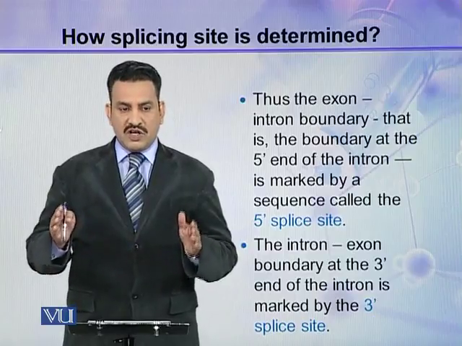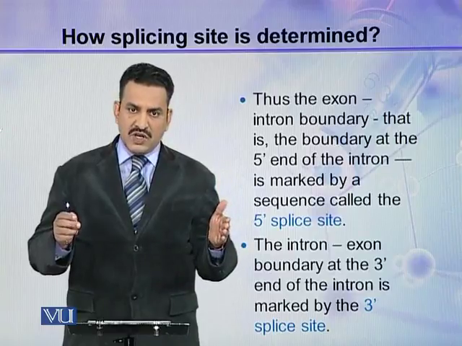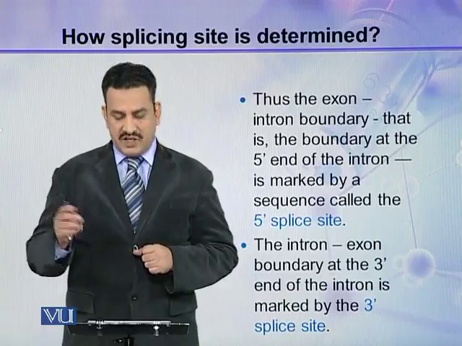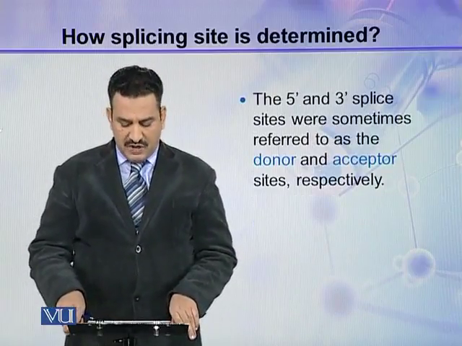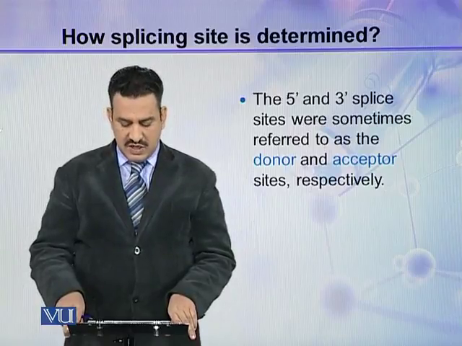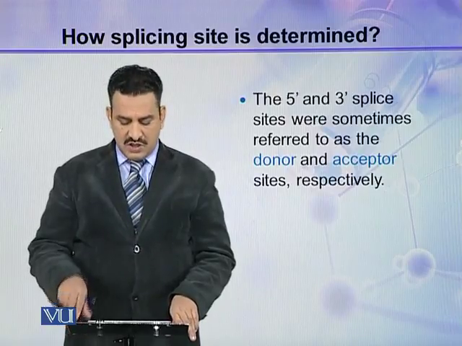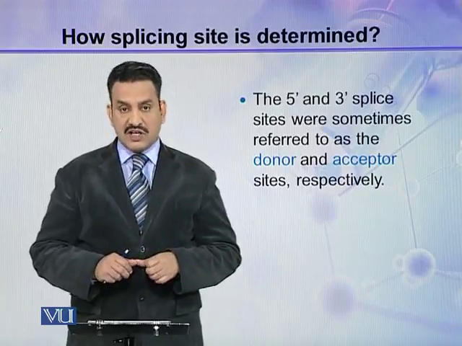So there are two types of splice sites. One is the 5' splice site and the other one is the 3' splice site. The 5' and 3' splice sites are sometimes referred to as the donor and acceptor sites respectively. That is, the 5' site is donor and the 3' site is acceptor.